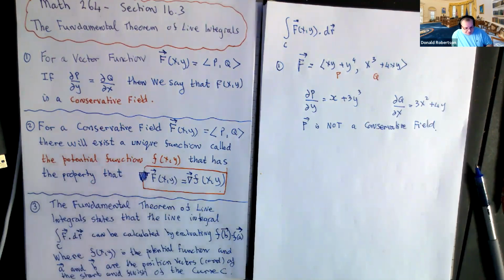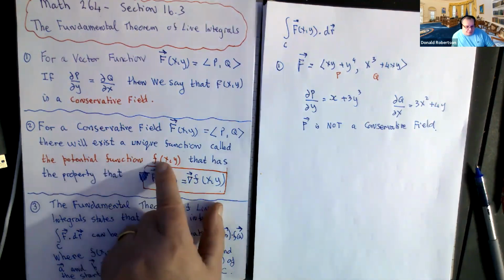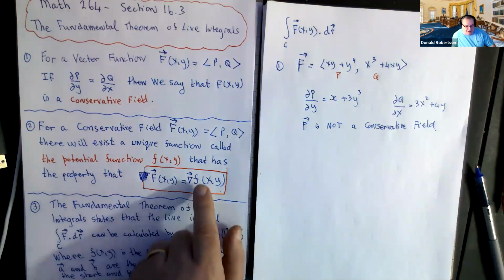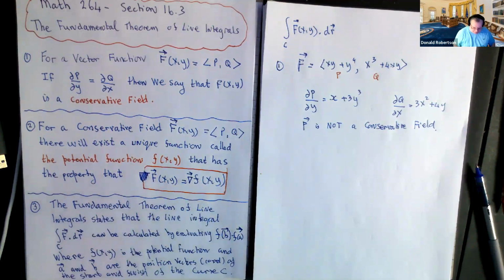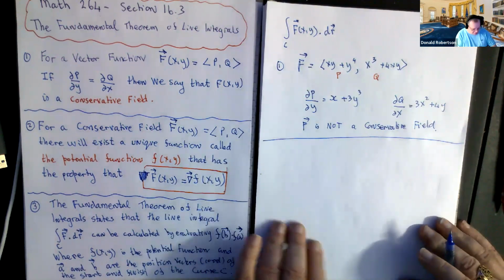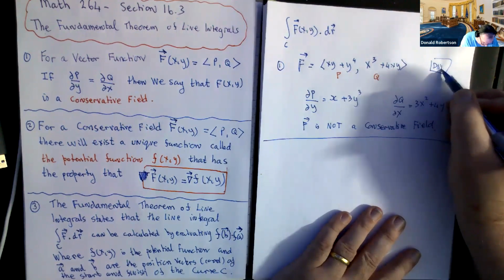So it's going to be, you know, x cubed plus xy squared. And this unique function called the potential function, f of xy, has the property that the gradient of f of xy is the vector field. Now, since this function is not conservative, that's the end of the question, and you just put in DNE.